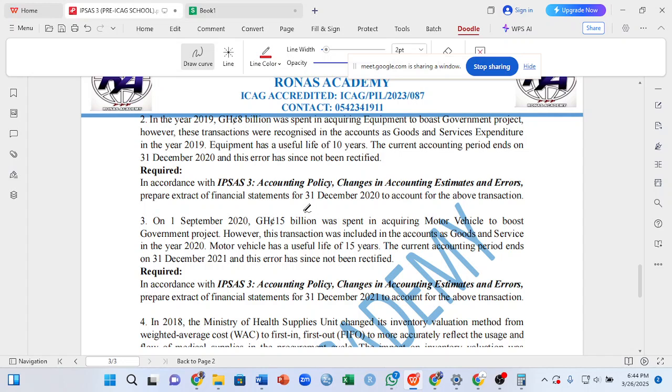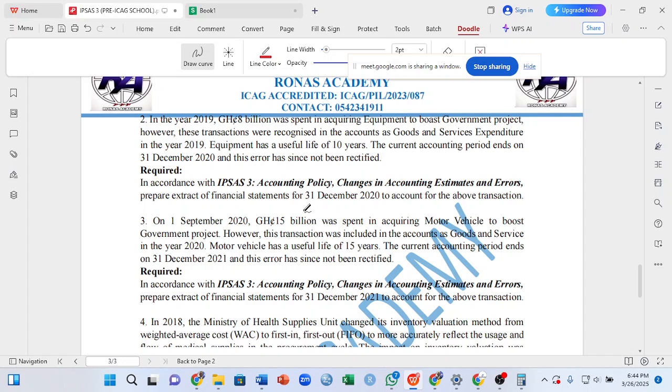Question 2. In the year 2019, 8 billion Ghana cedis was spent in acquiring equipment to boost government projects. However, these transactions were recognized in the accounts as goods and services expenditure in the year 2019. Equipment has a useful life of 10 years.